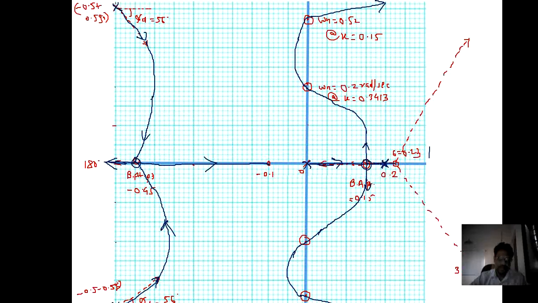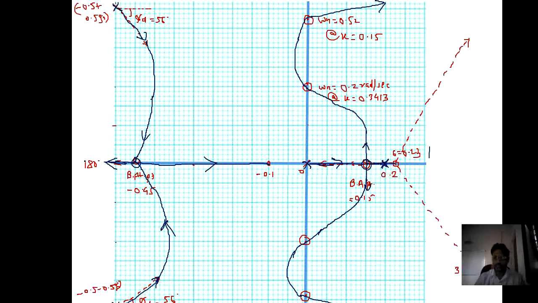Then both are valid breakaway points. From the complex poles, the root locus comes to the breakaway point, collides, one branch ends on the zero, and another goes to infinity. Whatever conditions we derived in this numerical are satisfied very well. So this was the very last numerical of root locus.